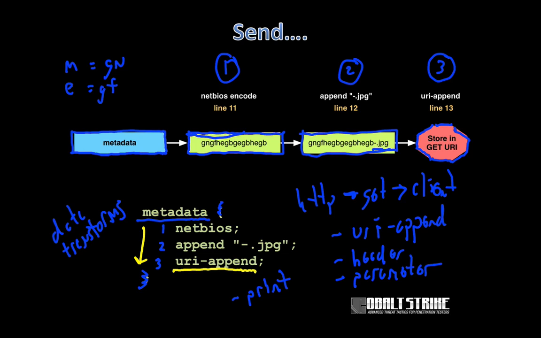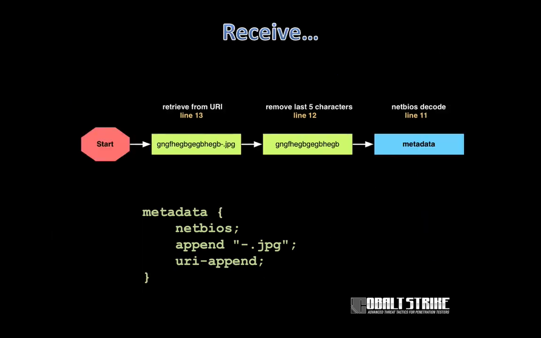Now, what's really cool is that this description allowed us to encode the data and store it somewhere. But what I'm going to show you in just a second is that we can follow this backwards to recover the data. That's the beauty of Malleable C2 and how all of this works. So let's look at the receive side.